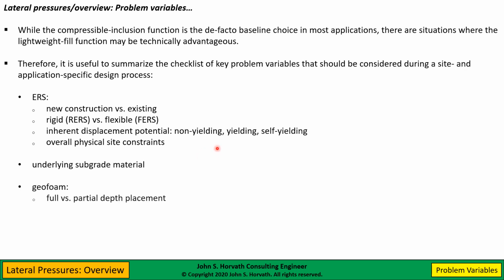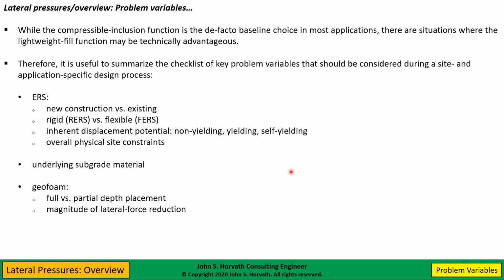With respect to the geofoam itself, are you looking for what we call a full or partial depth placement? I'll elaborate on those later on. What magnitude of lateral force reduction are you looking at? This is especially important if you're dealing with an existing structure, again, some retaining wall that was never designed for an earthquake.